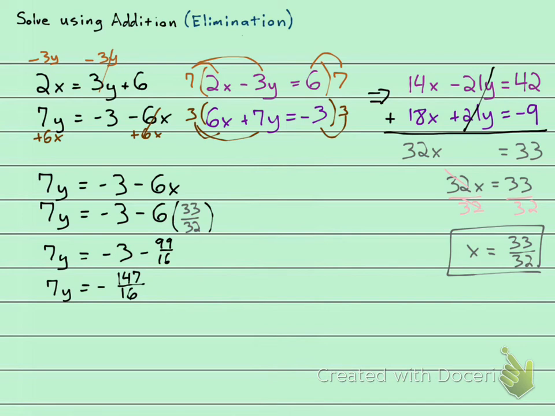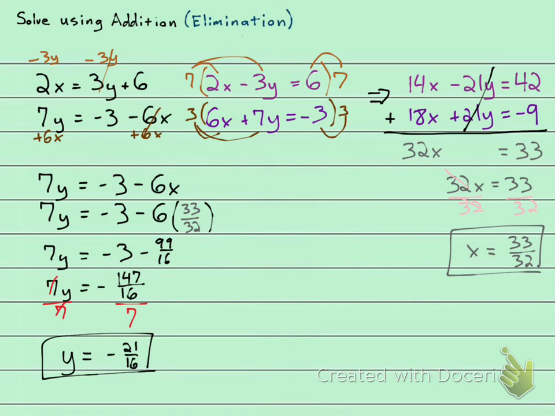We need to divide out this 7. Okay, and now I'm going to get y equals, and this is a big calculator job for you right here. I have negative 147 over 16 divided by 7, and that is going to give me negative 21 over 16.